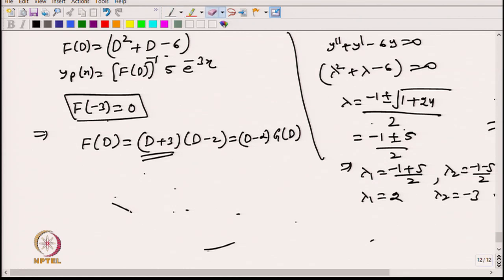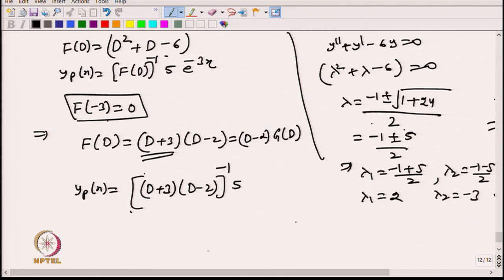Now, I apply the operator method to find the particular solution. In this case my y_p(x) will be, I can write this as 1 over (D plus 3)(D minus 2) into 5 e raised to power minus 3x. So, I can define this as 5 times 1 over (D plus 3) and (D minus 2) inverse, e raised to power minus 3x.